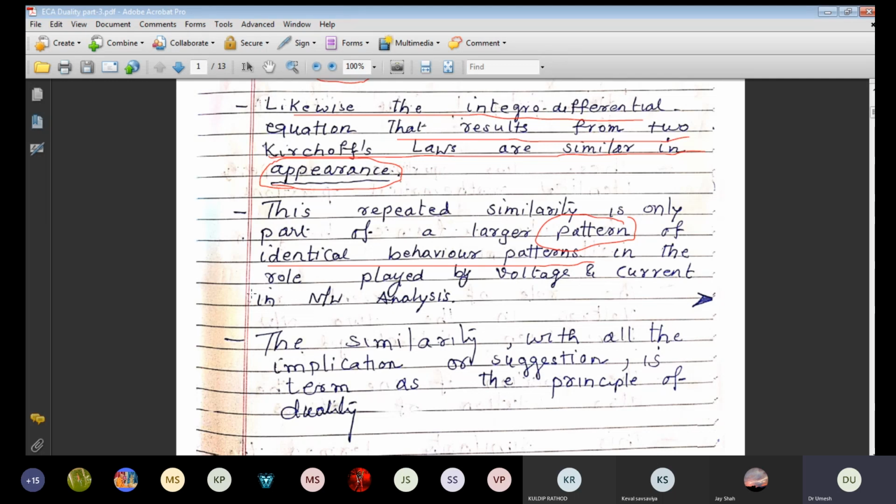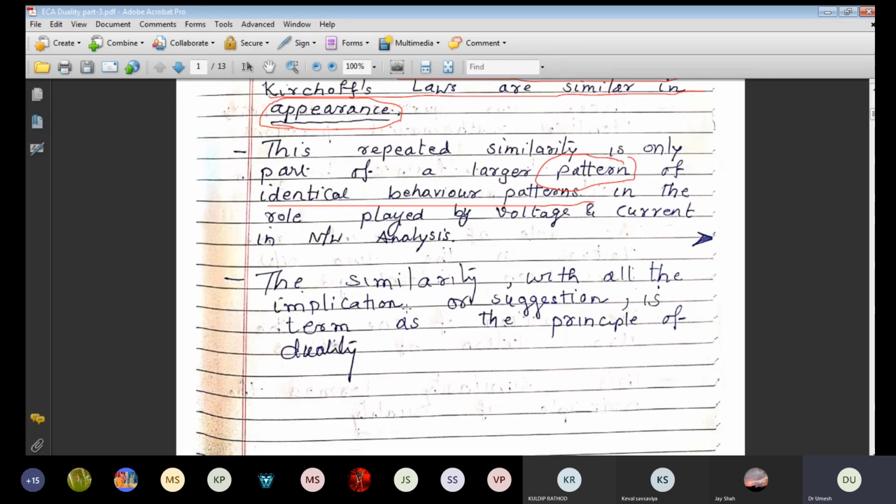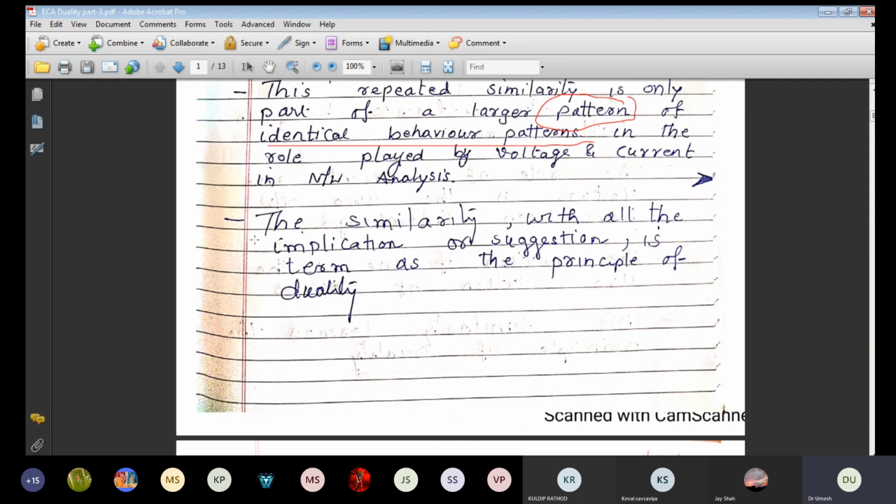I am explaining this sentence with the help of some equations. Now the similarity with all the implications or suggestions is termed as the principle of duality. That means similarity between two equations as far as the pattern is concerned.